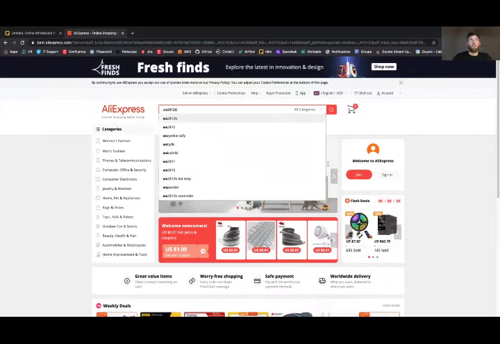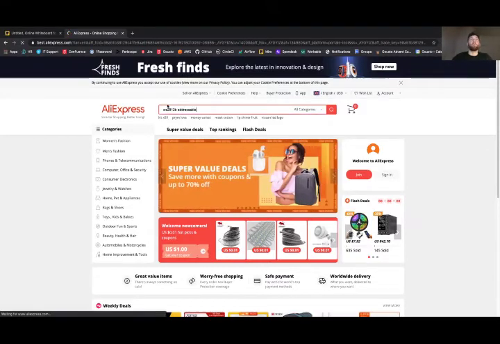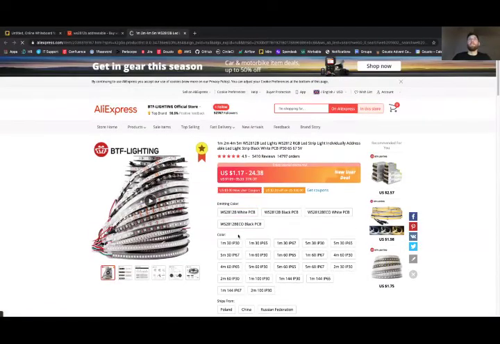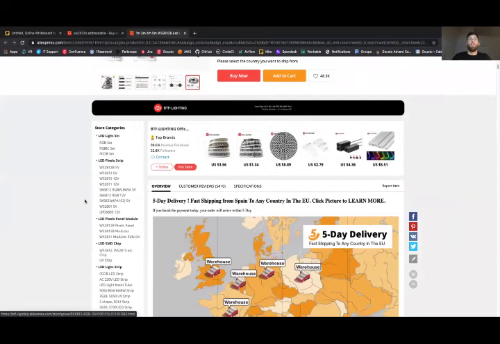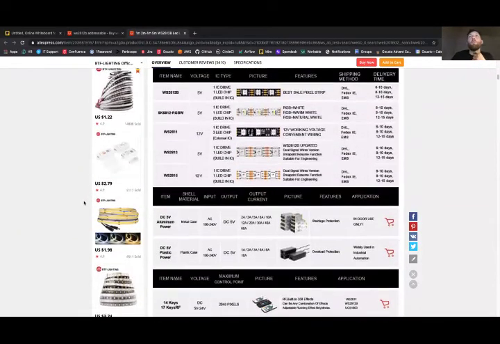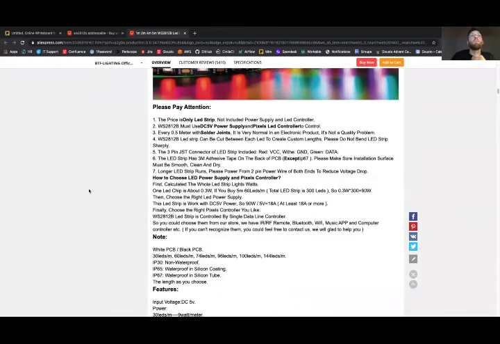Search for what we've already been searching for, WS2812B addressable. Look at our strips. Let's see if we can find in the specification here what the total power requirements are for one of these strips.